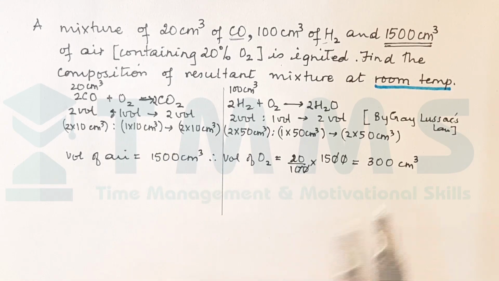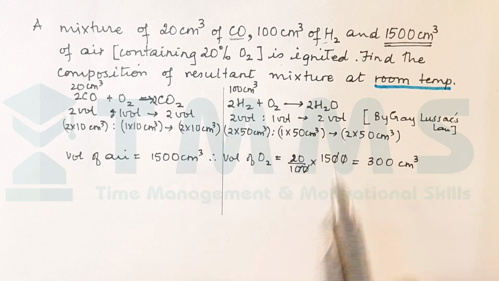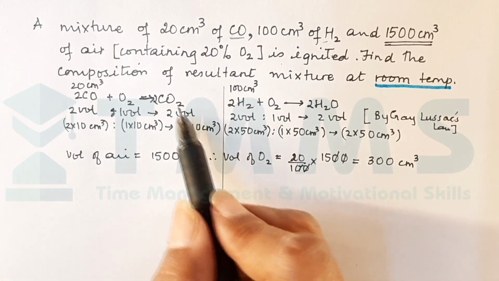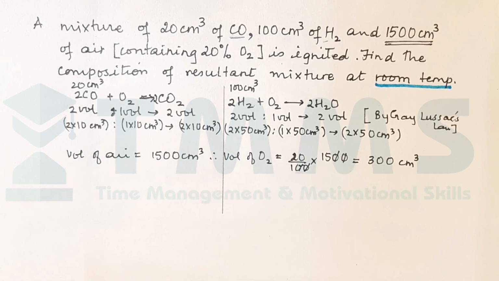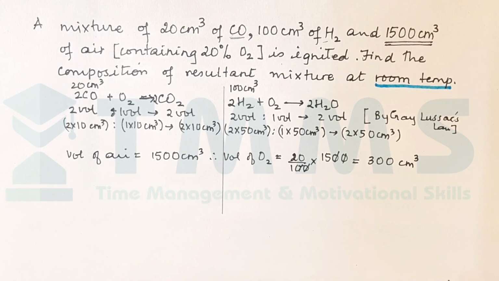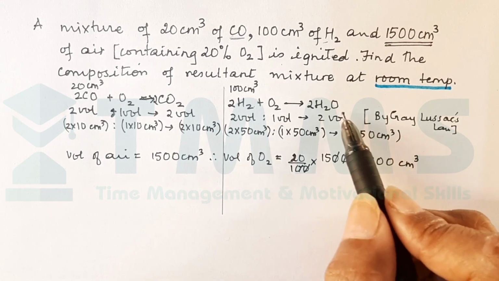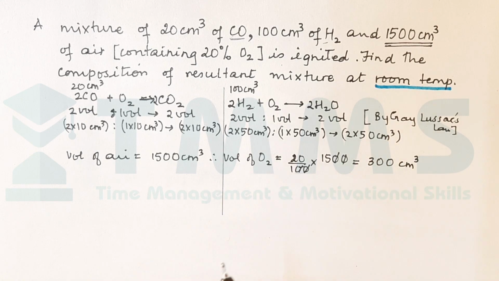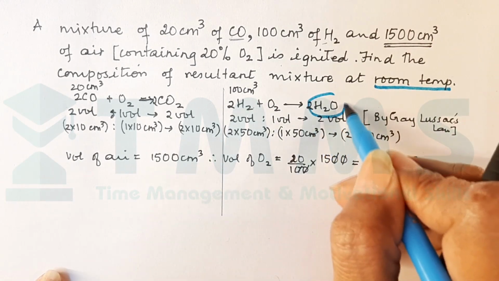Now, how much of oxygen is used up here? 10 centimeter cube. How much of oxygen is used up over here? 50 centimeter cube. What is the product formed here? 2 into 10, that is 20 centimeter cube of carbon dioxide. What is the product over here? 2 into 50 centimeter cube. But can you see this is water?